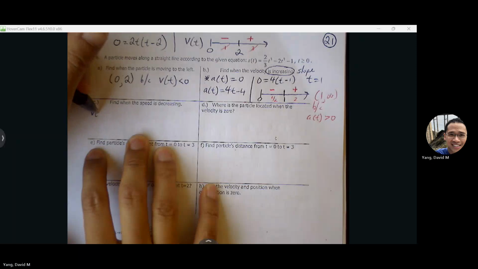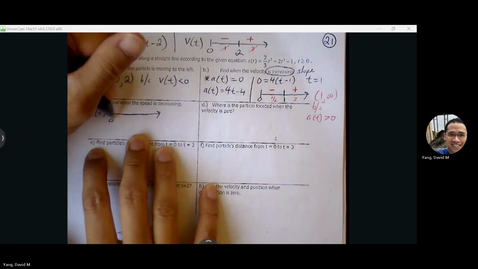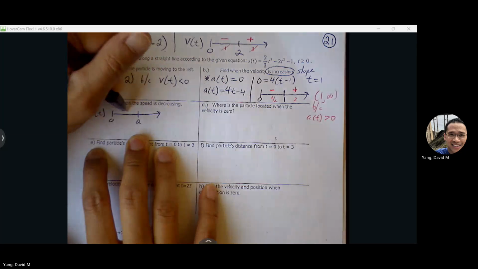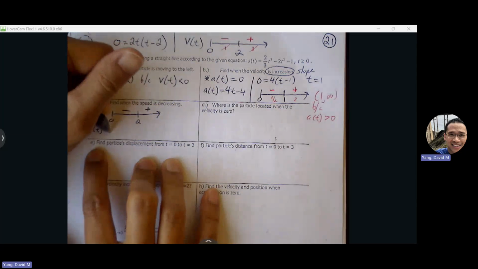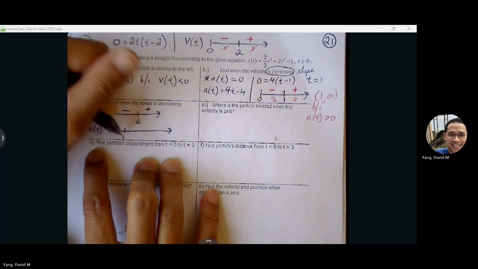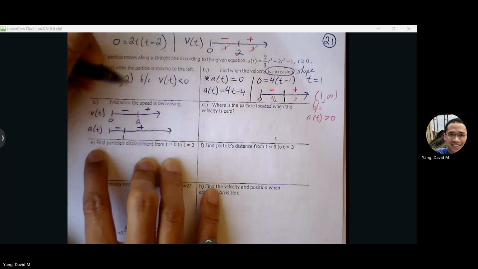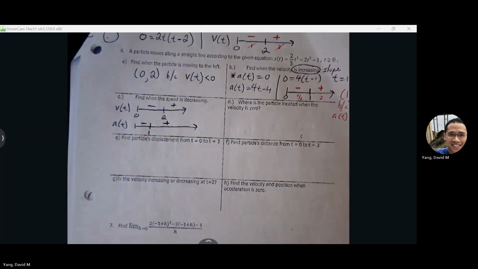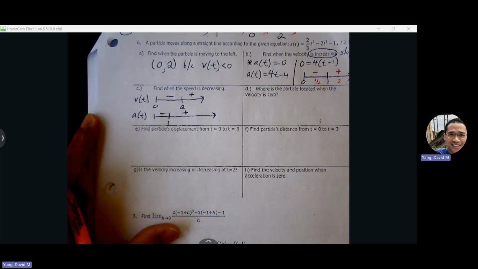So here's my velocity sign line. Here's my acceleration sign line. So what's one interval that you see where the signs are different? 1 to 2.